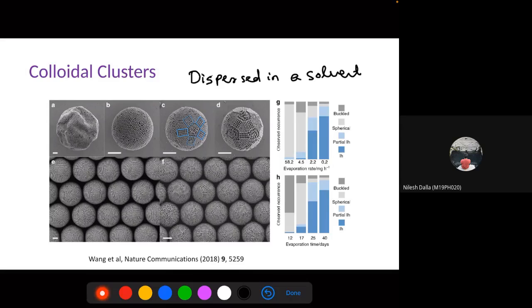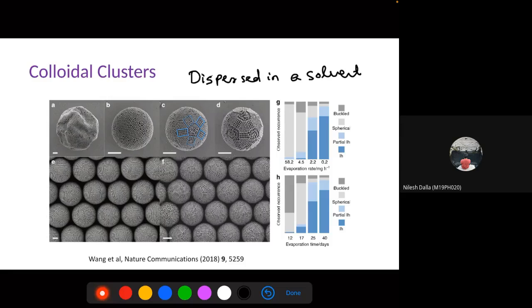And if you want to make something out of these colloids, you synthesize them chemically, and then you want to use them for some applications. It is not like you can take only one colloid or one nanoparticle.